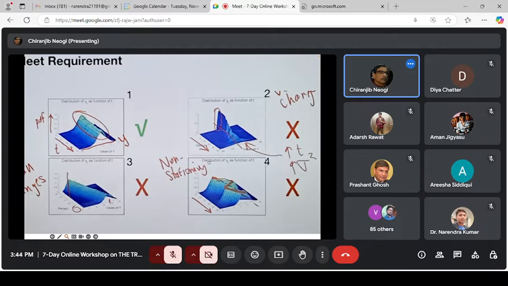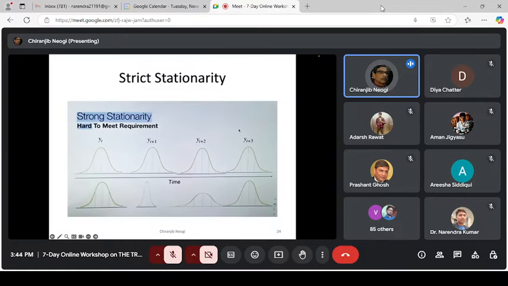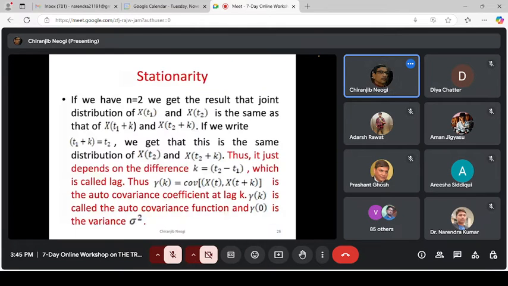So these are all non-stationary series, since they do not satisfy the conditions of strict stationarity.